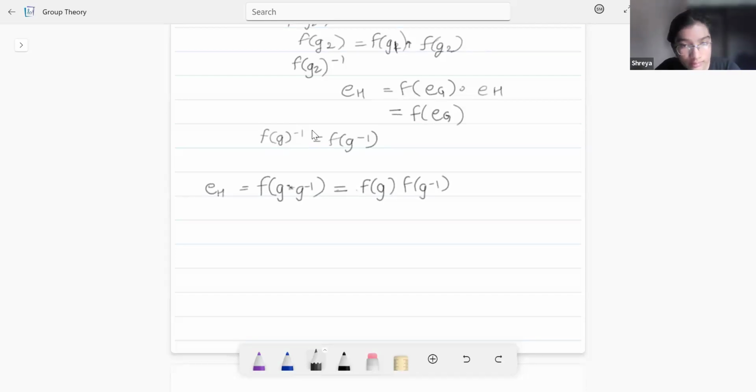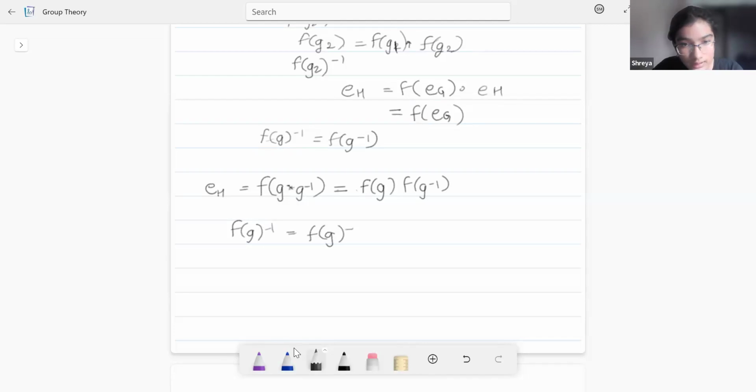So now we can multiply by this thing on both sides. First of all, identity multiplied by anything is that same thing. Then we'll directly get that f of g inverse is equal to, no, not like this, the inverse of g times f of g.